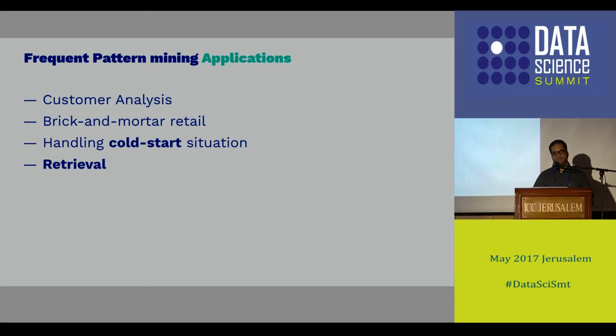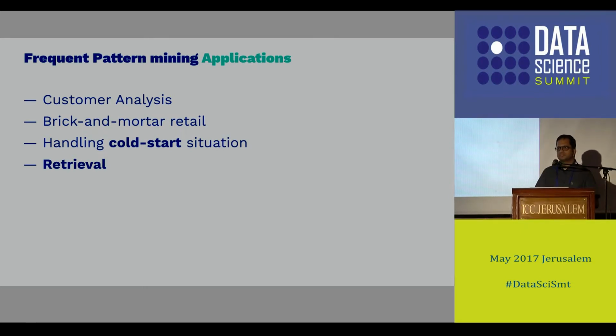You could figure out, for example, in a brick and mortar retail store, how to place 2 categories together. That's an example that came from market basket analysis, a famous study which tells that people who bought beer also bought diapers, right? So that's an example that came from market basket analysis.